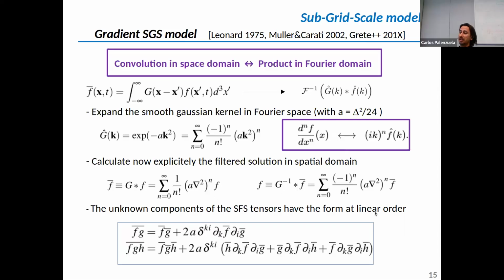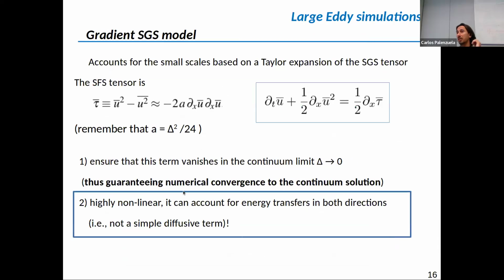So basically, this means that what we have been doing until now with finite volumes is just to assume that the average of a product is the product of the averages. But if you want to go a little bit further and see the effect of these small scales that we are missing in your system, you can add the next leading order term. Of course, this term is going to depend on the form of your equations.